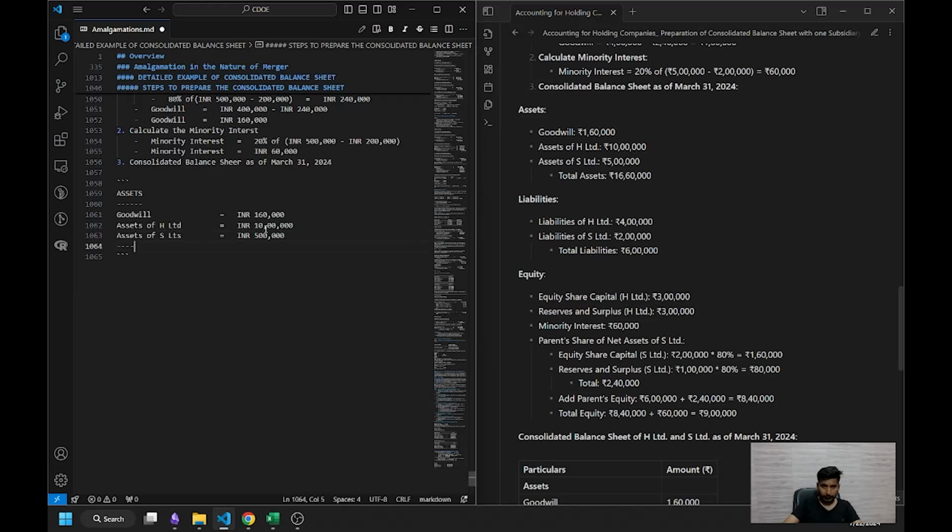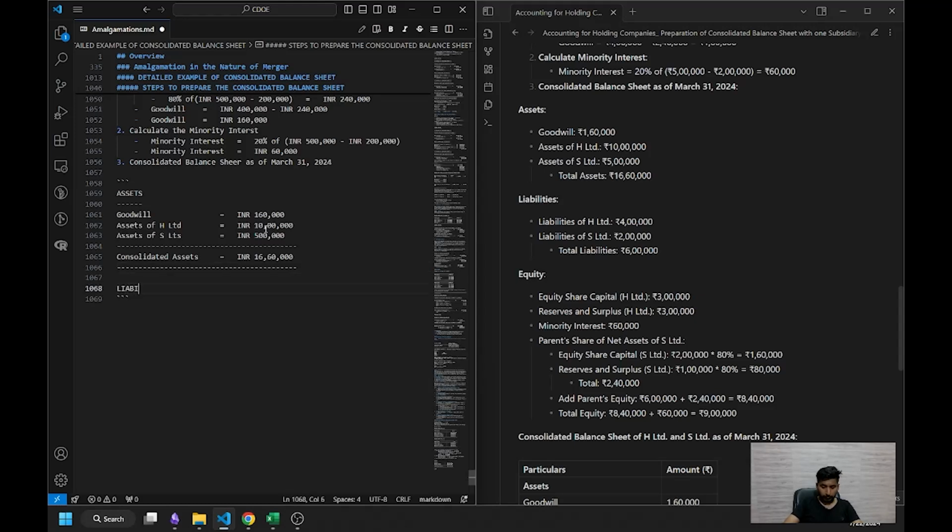On consolidation, it can be seen consolidated assets are rupees 16 lakhs 60,000. Okay.